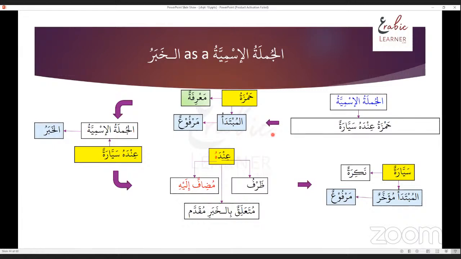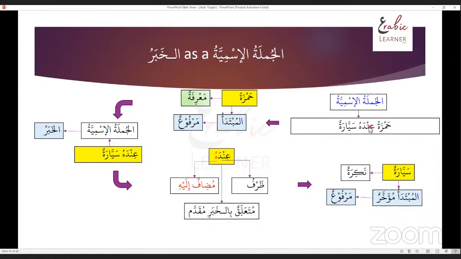Okay. Hamzatu indahu sayyaratun. Hamza has a car. If I want to say that, this is how I'm saying it. Hamza is mubtada because it's a noun, it's ism, so definitely it has to be mubtada. Mubtada is always marifa, and Hamza is the name of a person, marifa. Now I want to identify what indahu sayyaratun is. Here the confusion is: is sayyaratun khabar, or is indahu mutalik bil khabar?